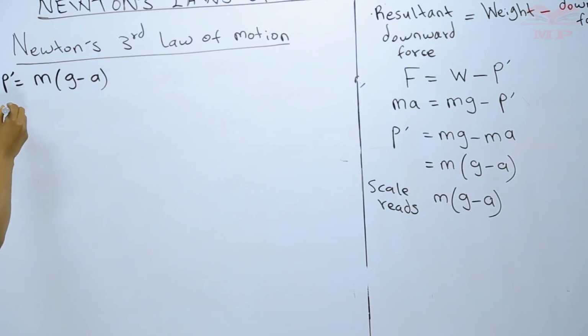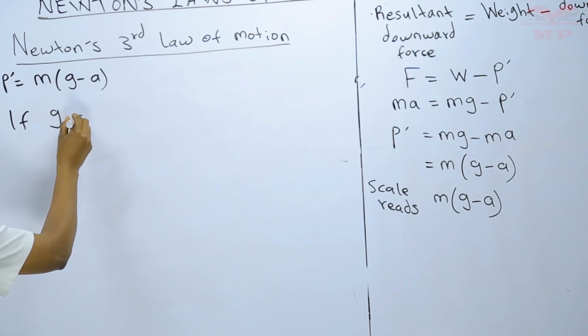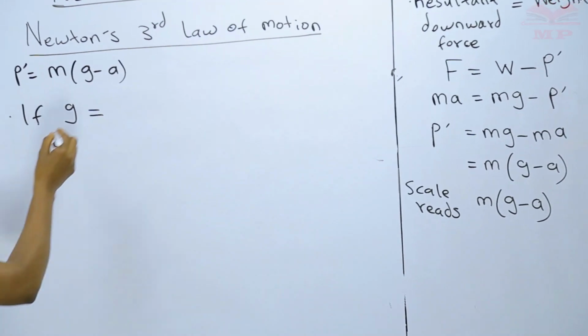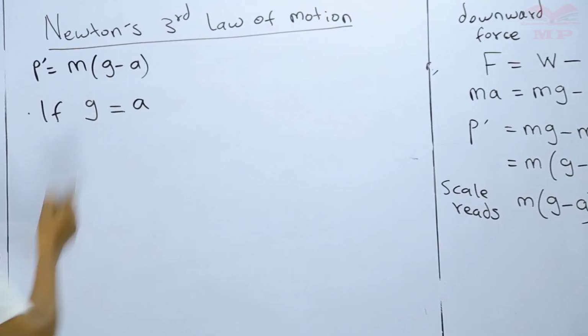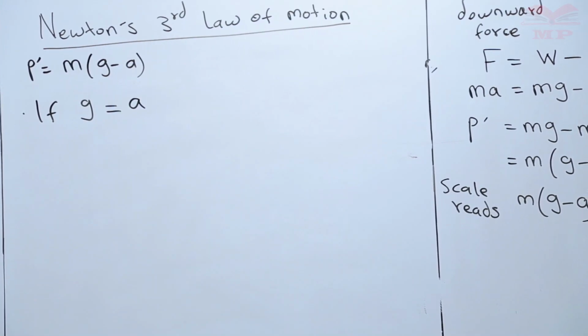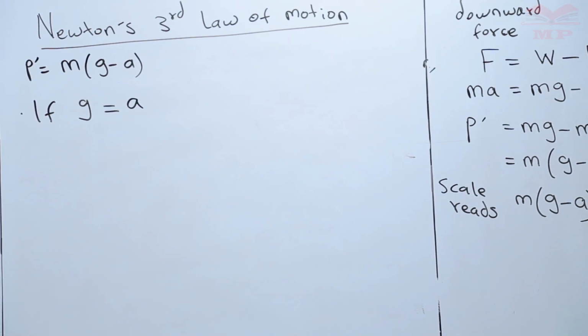Now if the gravitational force is equal to the acceleration, for example, the lift is moving downwards at an acceleration of 9.8 meters per square seconds, and also the gravitational force is 9.8 meters per square seconds.